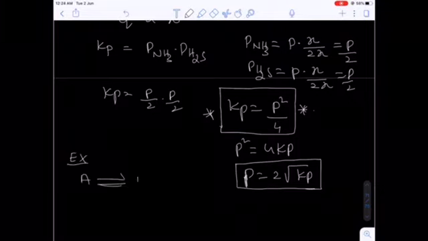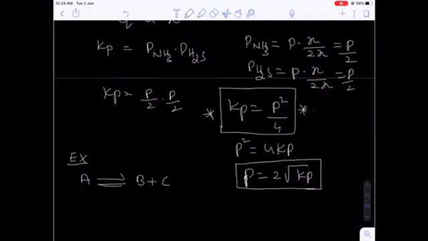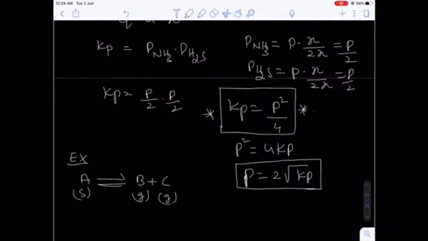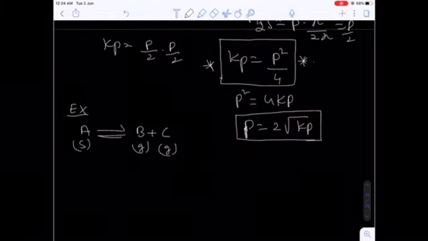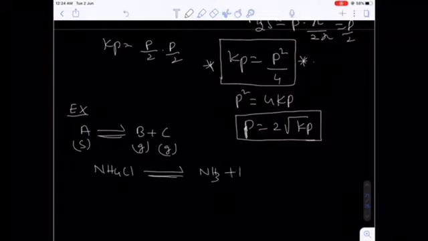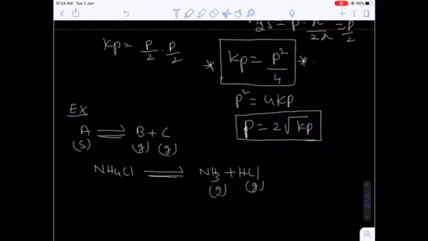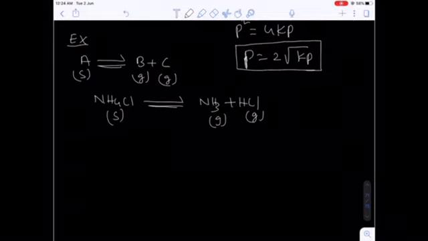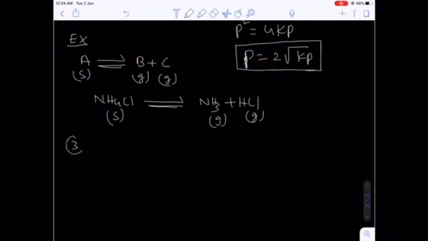Now here, suppose the question is given like this. A gives B plus C. A is a solid, but B and C both are gases. This is very important. 1:1:1 ratio. The best example, one more example I am giving: ammonium chloride decomposition, ammonia and hydrogen chloride. This is also the same example. NH4Cl is a solid.